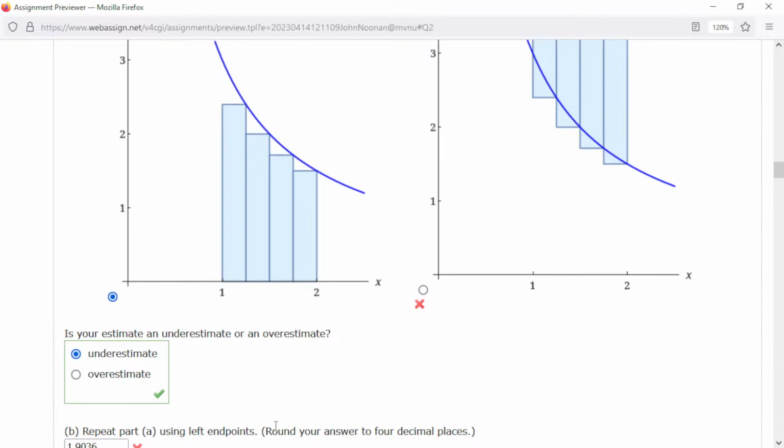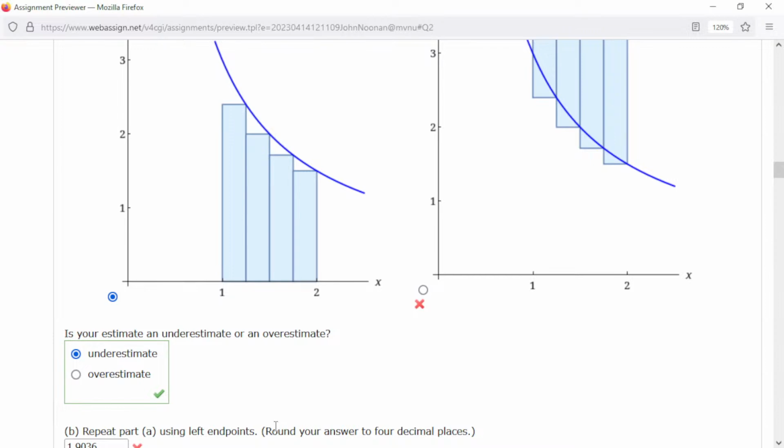Yes? Can you go over the math one more time? For this thing here? Yeah. The first step, and this was the step that we kind of omitted last time, was to figure out how tall the rectangles were. To figure out how tall each of these rectangles are, you're going to need to know the function at this point here, for example. So let's just focus on this first rectangle. Its height is the same as the function at 1.25, 5/4.